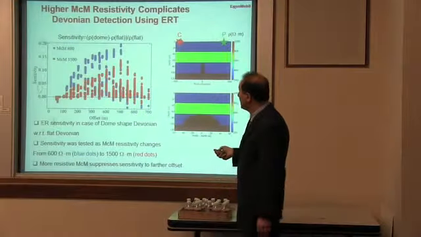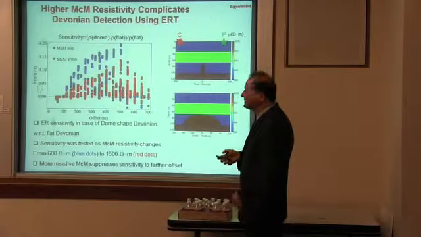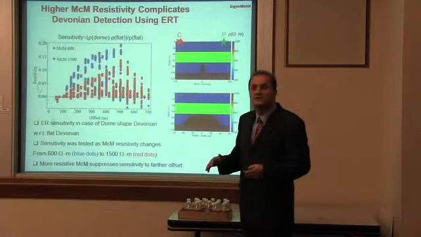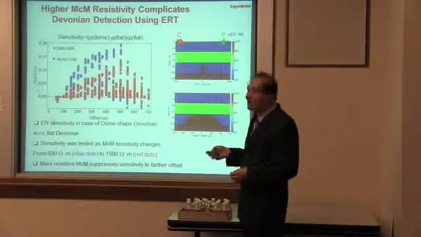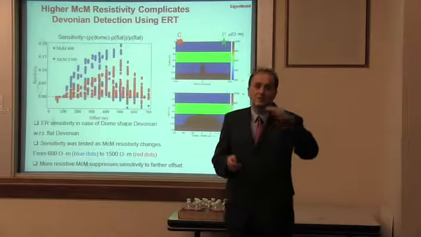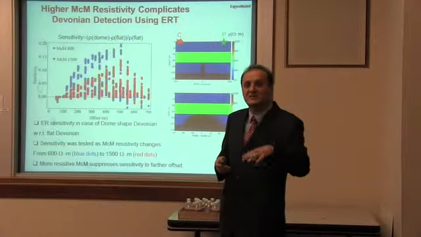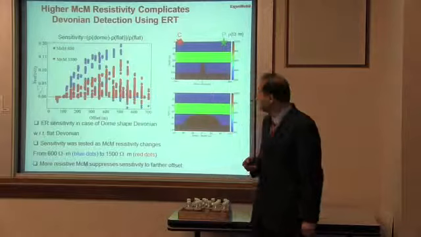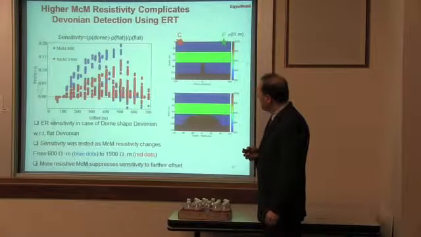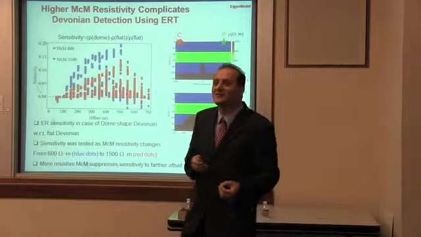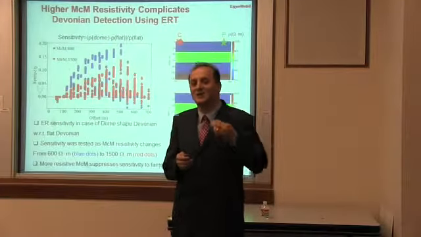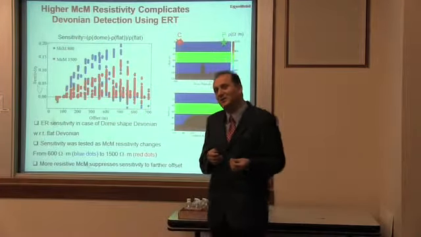However, at any offset, this sensitivity has been suppressed. Especially at 500, it's been almost halved, a 10% drop in the sensitivity.